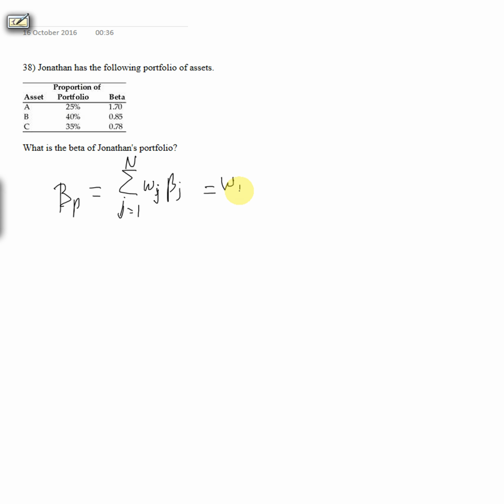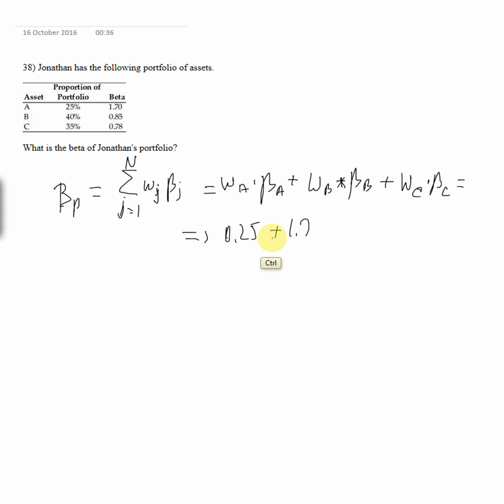This would be WA times beta A plus WB times beta B plus WC times beta C. WA is 0.25 times beta A, which is 1.7, plus WB is 0.40 times 0.85, then comes the weight of stock C times the beta of stock C. Could be any asset, but let's assume it's stock.